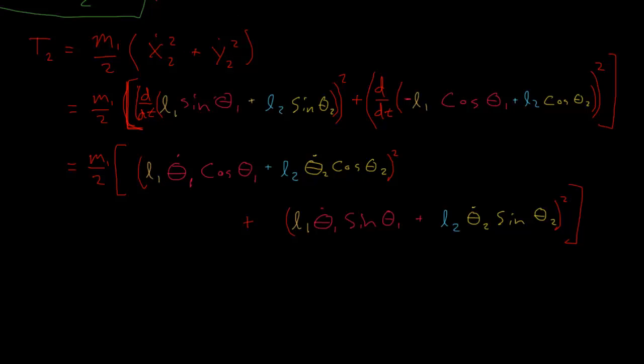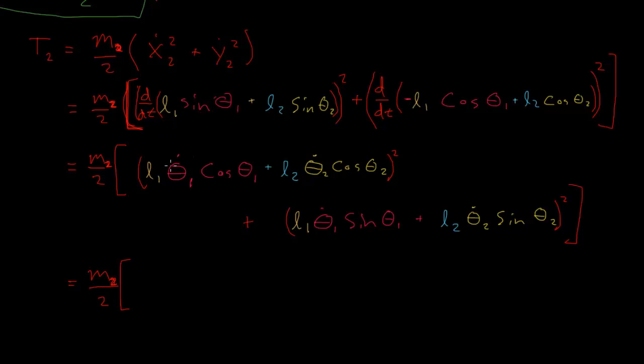So let's write out these terms one at a time. So squaring this term, I'll write my M2, and this should be 2. All of these M should be M2 because this is the second pendulum bob, right? So I've been writing 1s when they should be 2s. So M2 over 2, right? And then let's write out these terms.